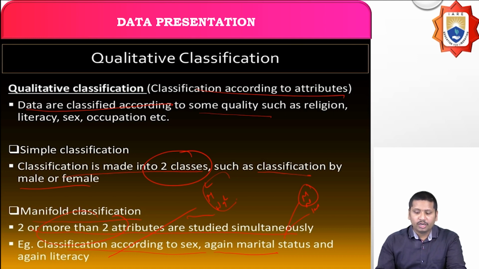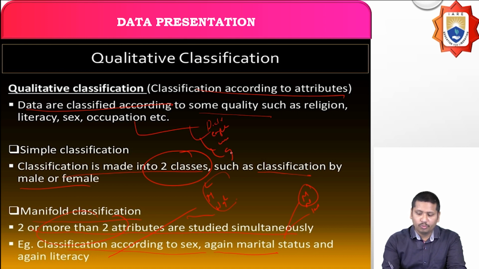Okay, so the qualitative classification means it should be done in the form of attributes, where the classification should be based on the quality, so religion, literacy, sex and occupation. And suppose if I'm going to take occupation, it may be a doctor, or an employed person, or unemployed, or government employee.